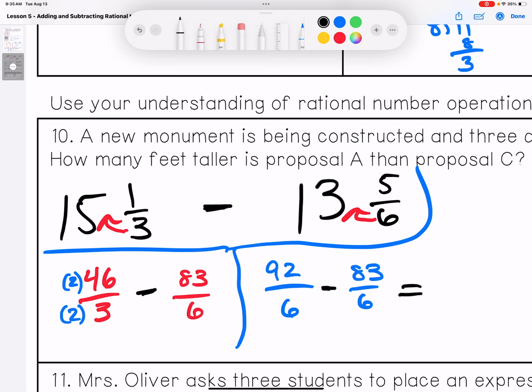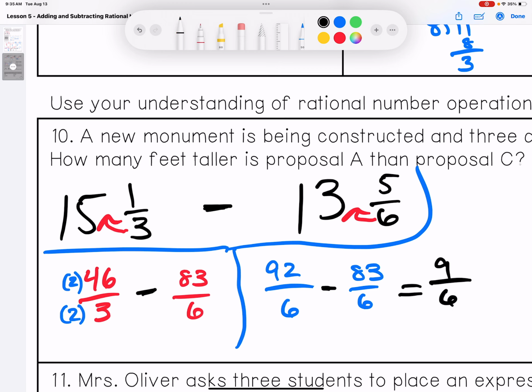So 92 minus 83 would be 9/6. Those will simplify, and they both divide by 3. So you're going to get 3/2. 3/2 turns into 1 1/2.